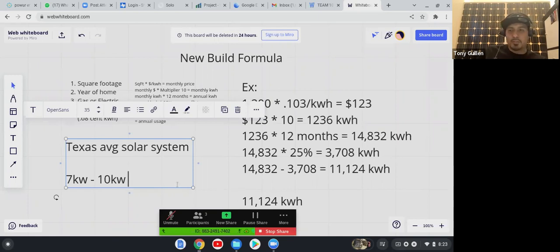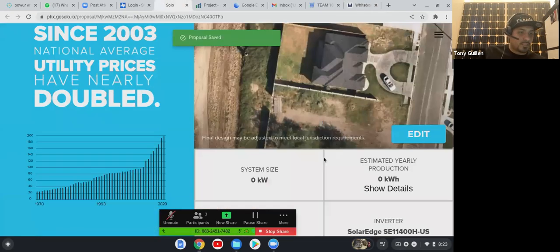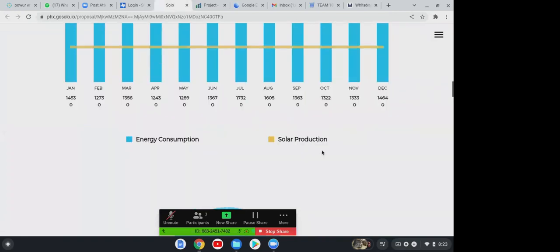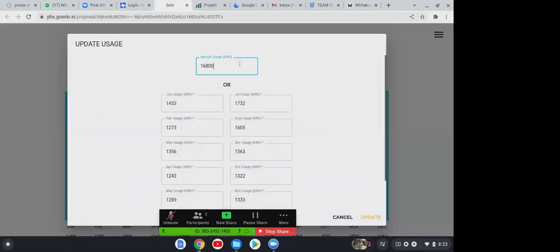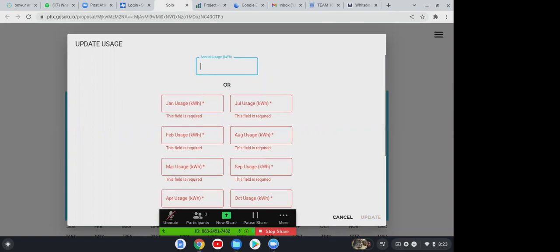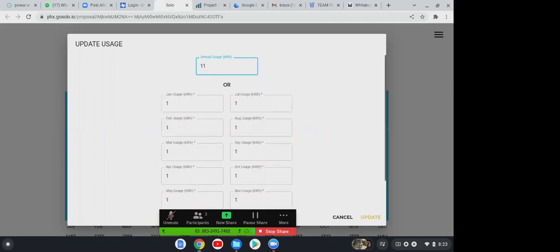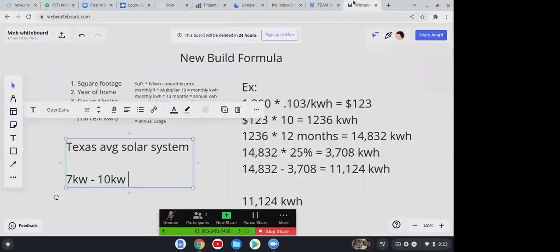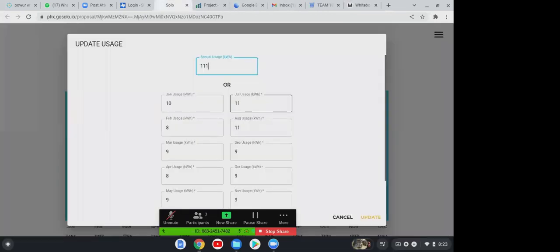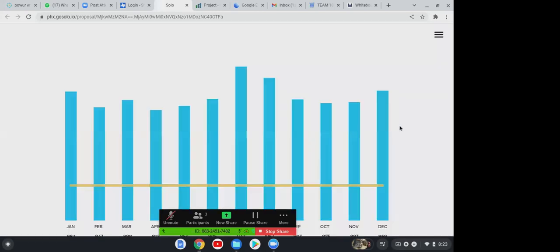We can plug these numbers into our software: 11,124. It's going to be a full electric home, so the graph looks just about right.